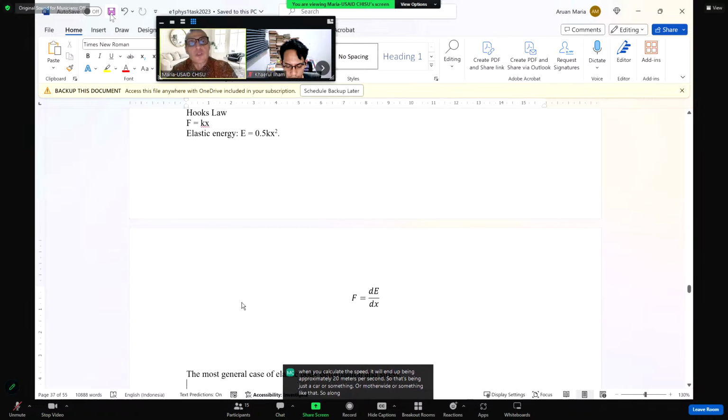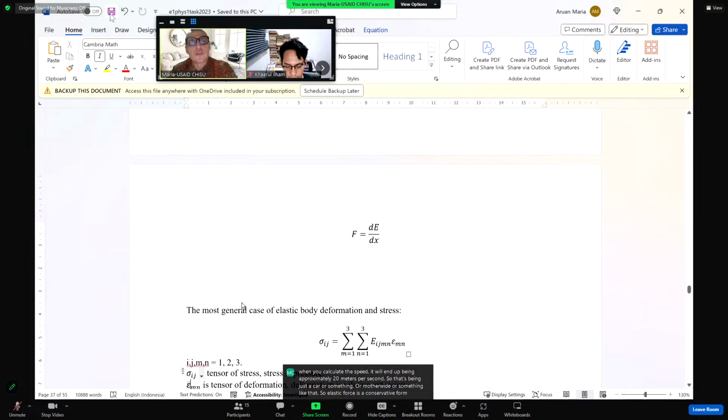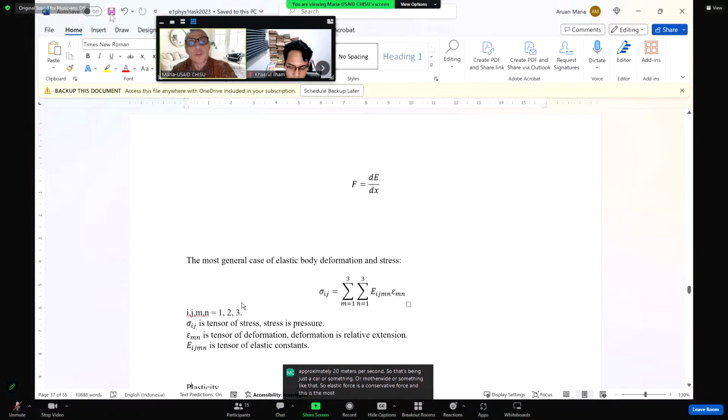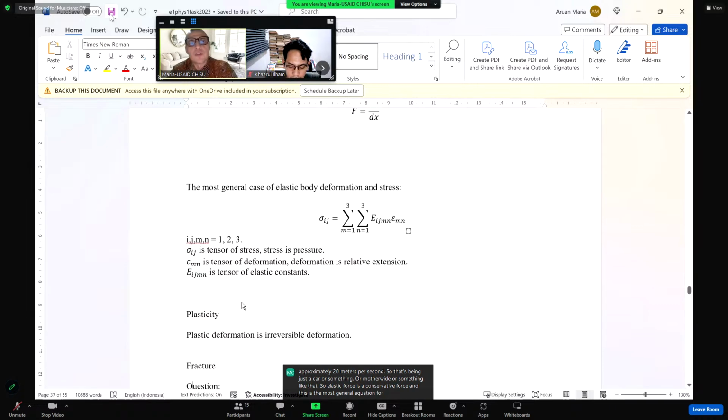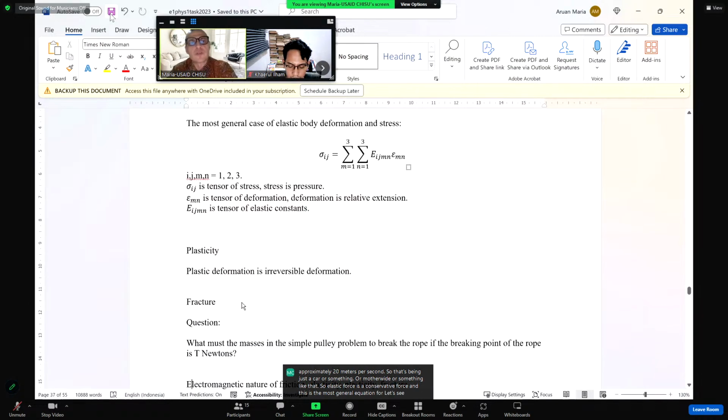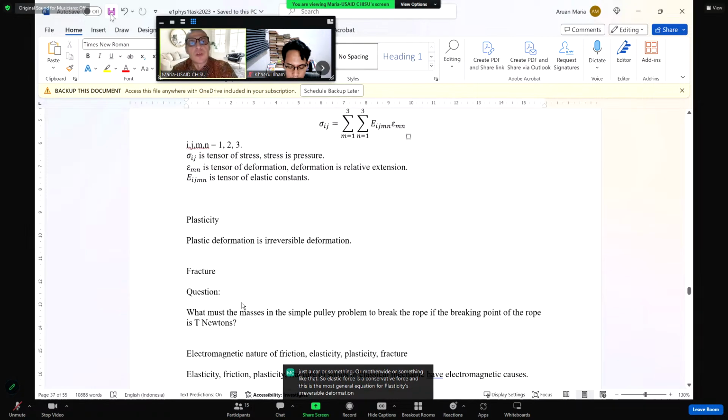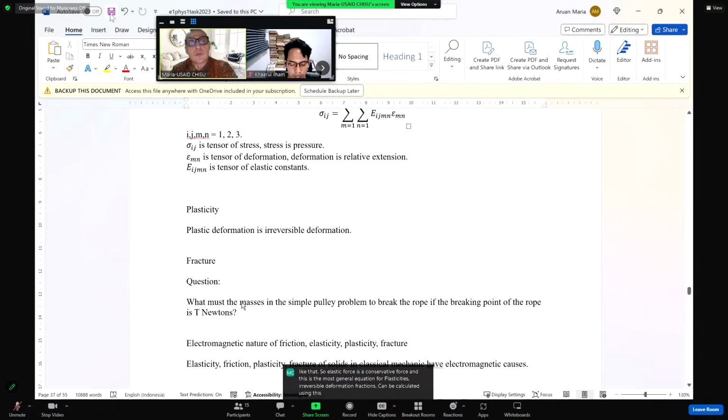So elastic force is a conservative force, and this is the most general equation for elasticity. Plasticity is irreversible deformation. Fracture can be calculated using the simple pulley problem.